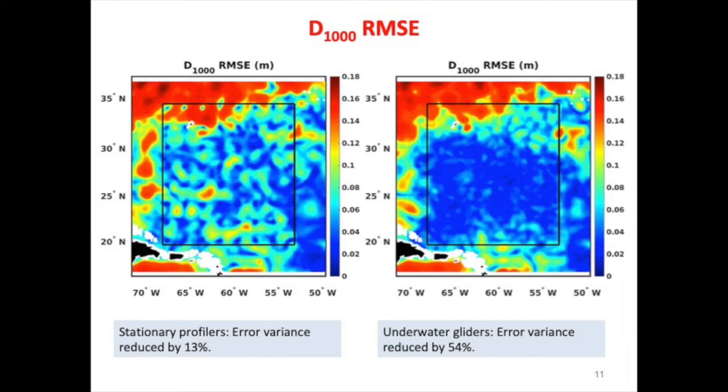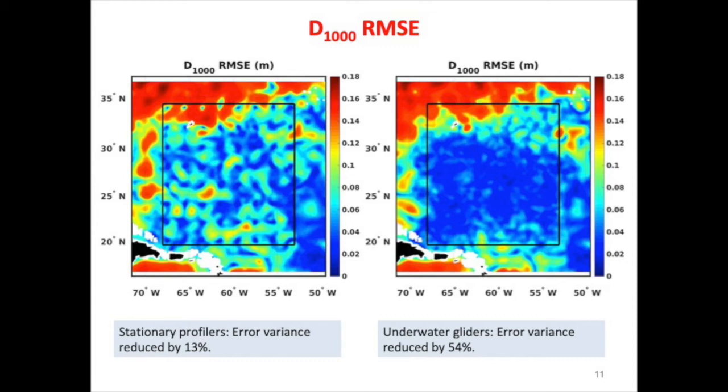This shows the case for the dynamic height. The panel on the left shows the figure I showed before with the dotted pattern. But with the slowly moving gliders, and each glider probably takes about 45 days to execute that reverse figure 8 pattern once, even with these relatively slow moving gliders, you can see that you're filling in the gaps in terms of reducing errors in regions intermediate between the locations of the gliders.